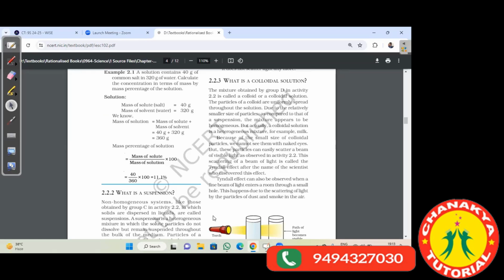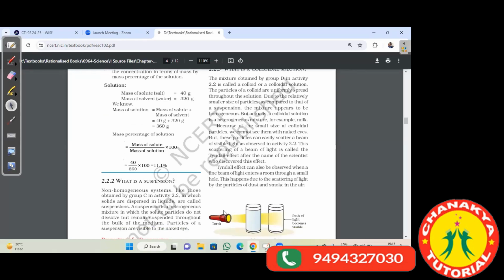So for the colloidal solution, the particles appear to be homogeneous. You cannot see the particles. The particles are invisible. Since they are small, they are not observable with the naked eye, but they are dissolved in such a way that it appears to be a homogeneous solution.